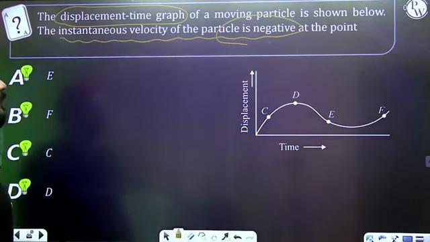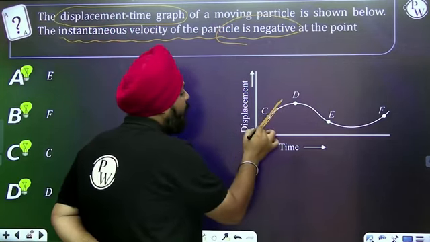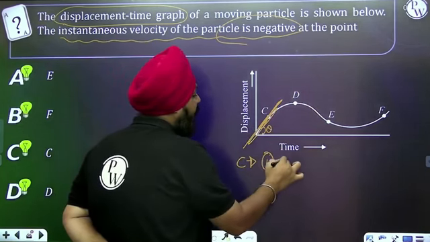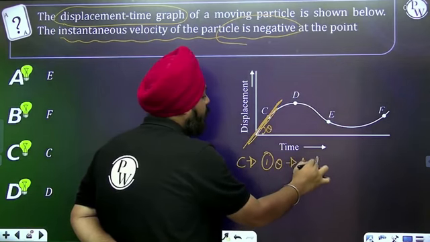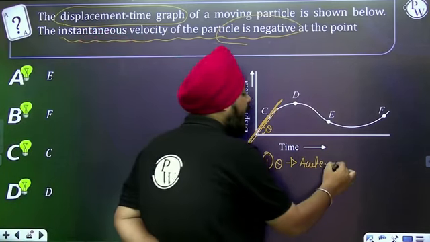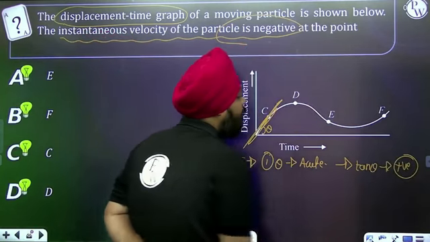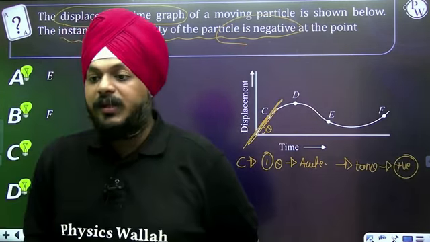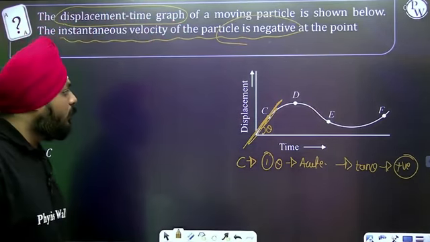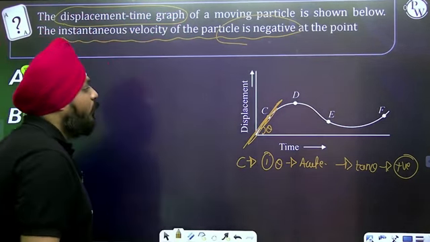So 4 points are given. Obviously, we have to analyze each and every point individually, so we are going to draw the tangent. Here at C, theta is acute. If theta is acute, then tan of theta is going to be a positive value.